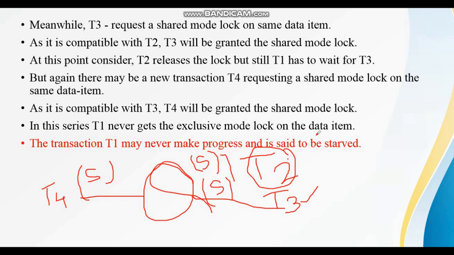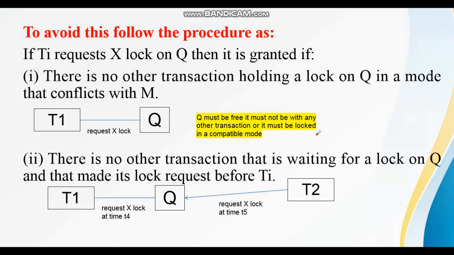Now suppose we want transactions not to starve. To avoid this, there are certain procedures which must be followed. These are the two cases. If these two cases are satisfied, then there is a chance that a transaction never enters into starvation.